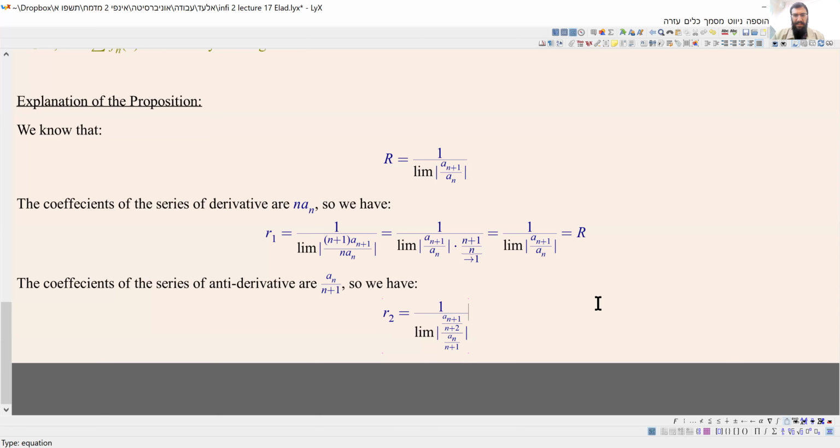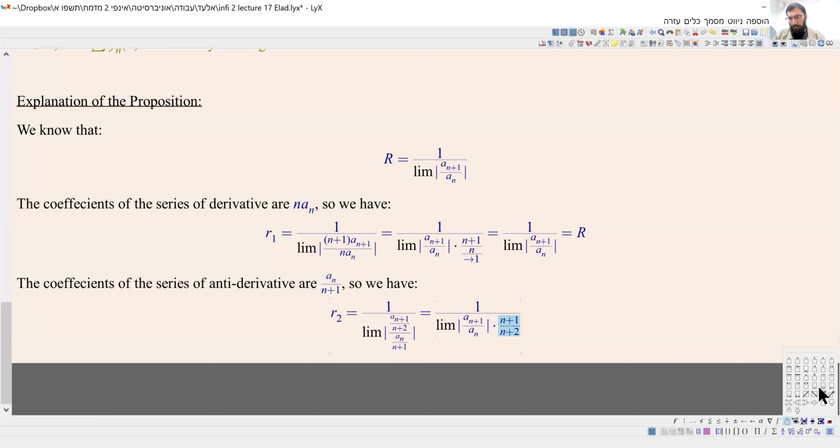But yet again, n+2 and n+1, what can they say when it comes to the ratio test? Nothing. That's 1, that's 2. It goes to 1, and we have the same R.